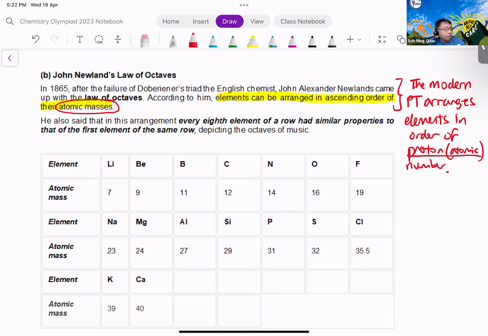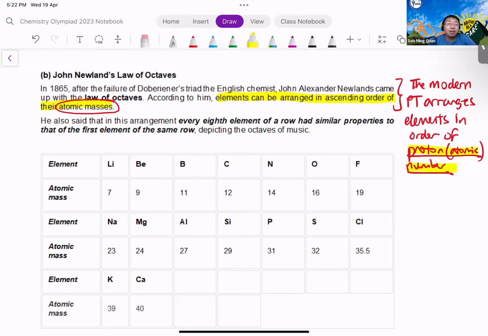Okay, so I hope you remember this. The modern periodic table no longer uses atomic mass. We will use the atomic number, the number of protons, and arrange it in order. Okay, so the John Newlands arrangement is not what the modern periodic table uses.